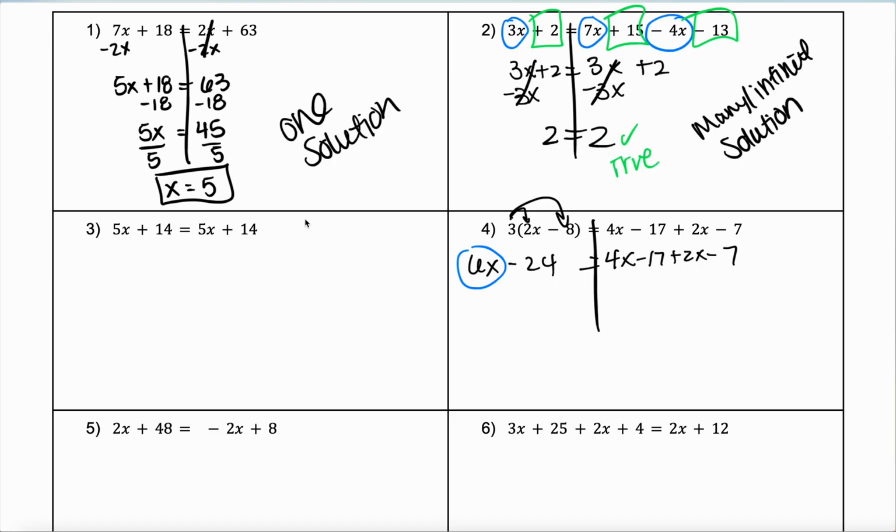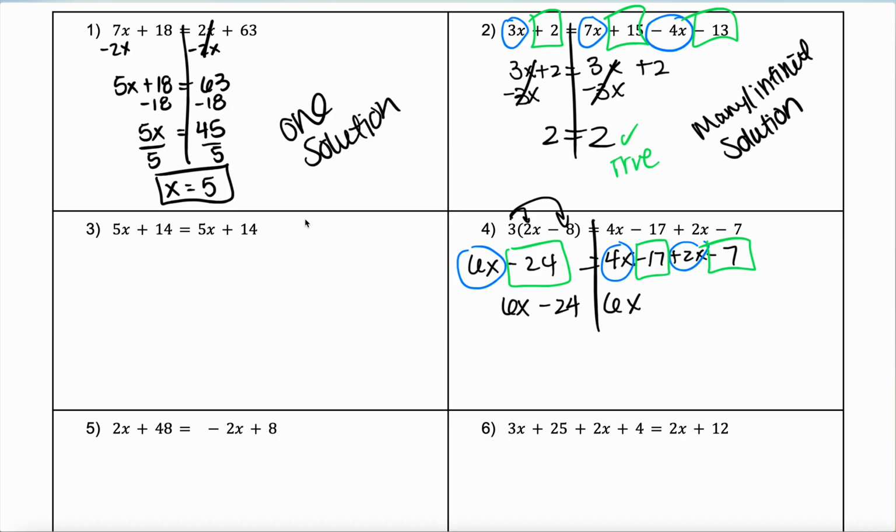I'm now going to circle my like terms and box in my constants. I'm going to stick to combining like terms on the same side. So on this side, I still have 6x minus 24. And then on this side, I'm going to combine my 4x and my 2x to get a 6x over here.